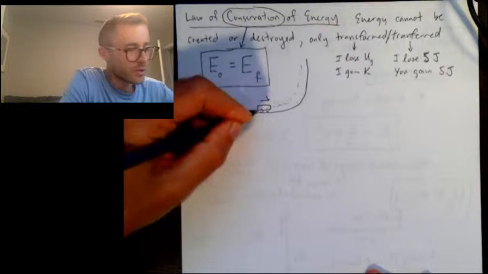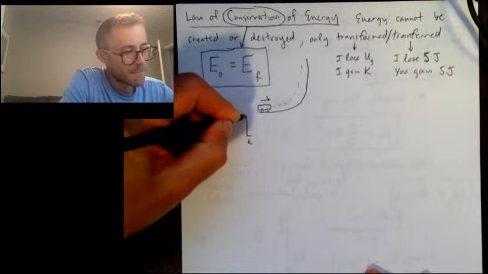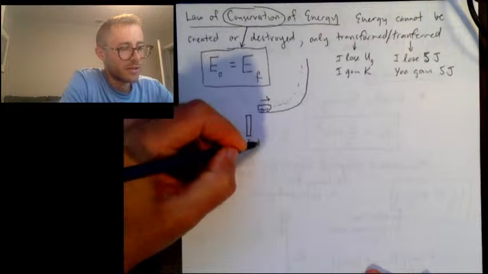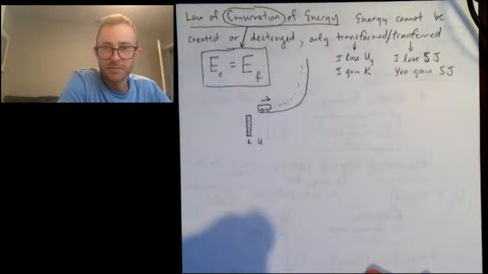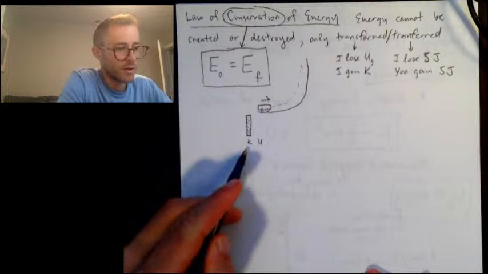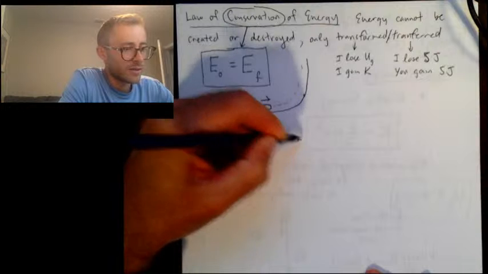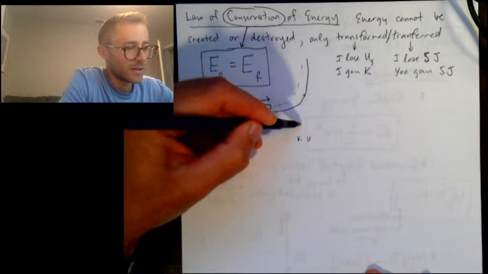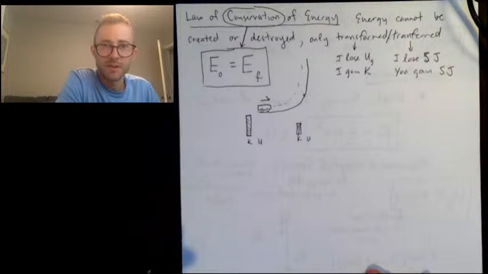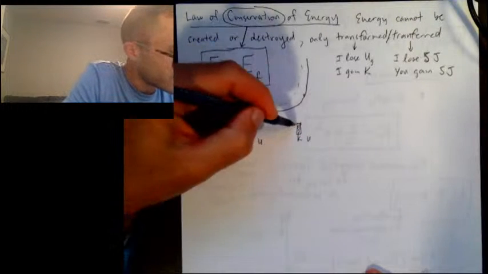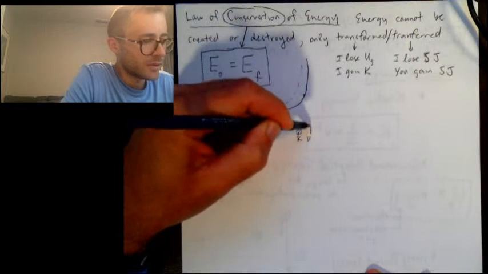So when this roller coaster starts out, it has all this kinetic energy, and it has no potential energy. So I'm thinking about this as like a bar graph. When it gets right here, it has lost some of that kinetic energy, and it has exchanged it for potential energy. So it gains this much potential energy, so like that.